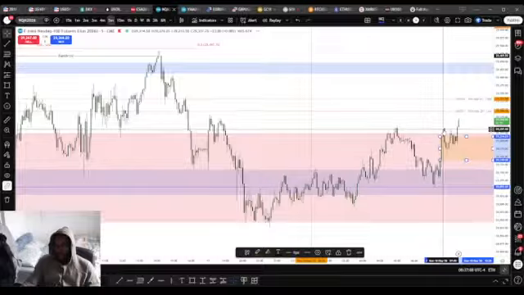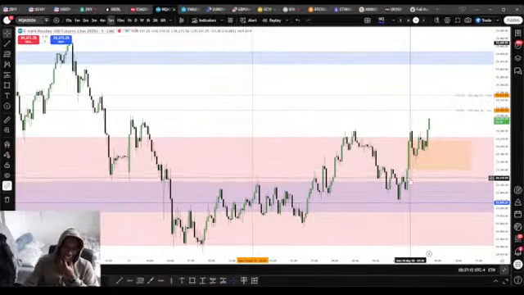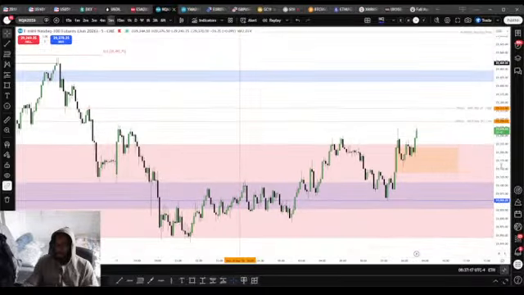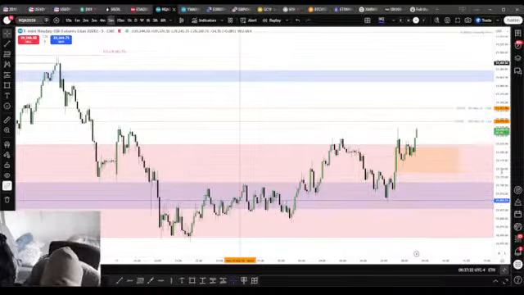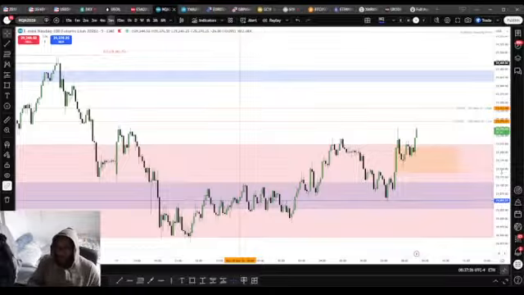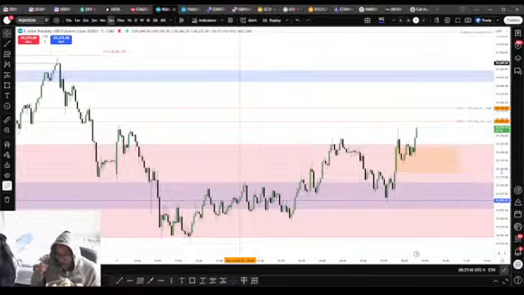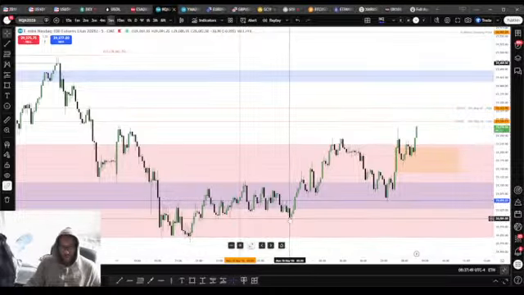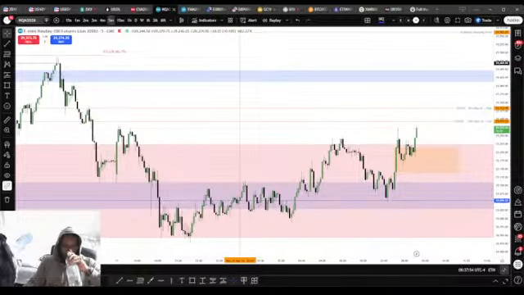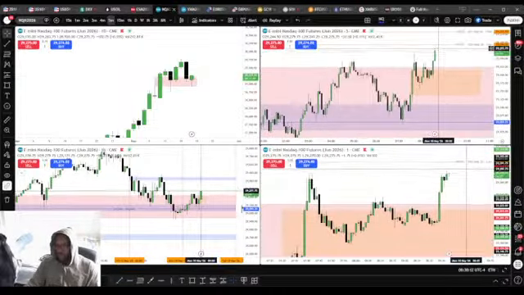Wouldn't be interested in taking a trade either on Topstep or Trade Day. 294. 5-minute high is taken.